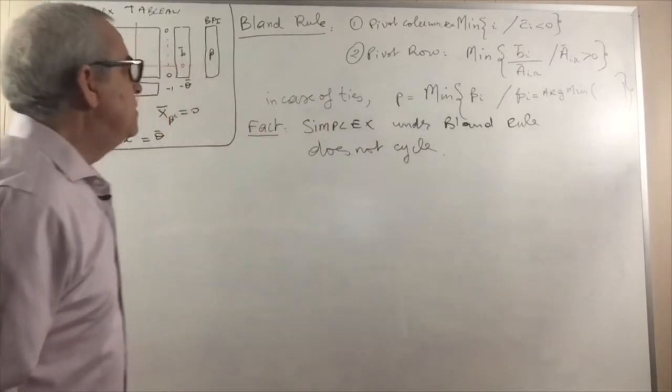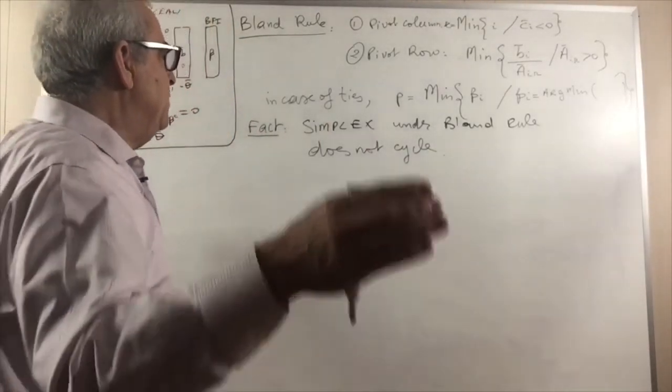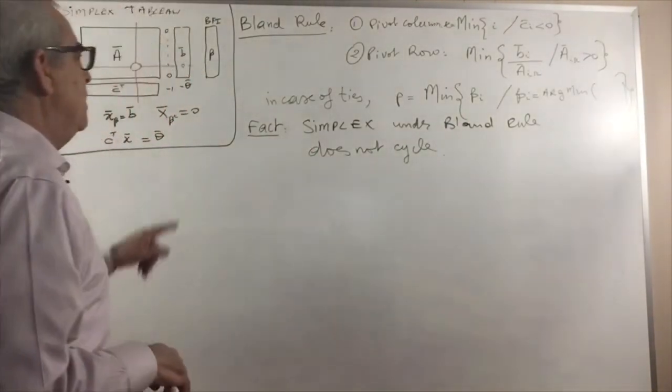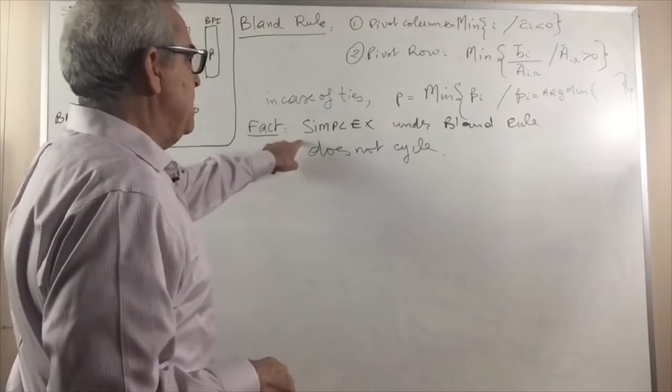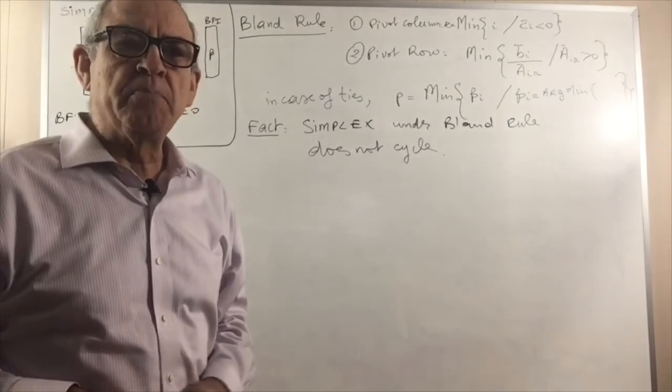Okay? We never have a situation like I explained before, where we do many iterations and then we end up with the same simplex tableau. Under Bland's rule, the simplex does not do that, and therefore, because it doesn't cycle, then the simplex is finite.